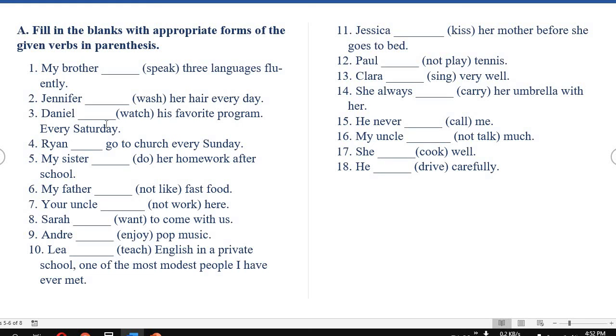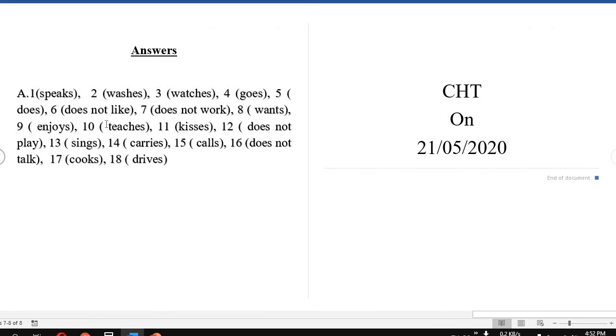Okay, and you are going to have a CST on 21st 5/2020, and before that we will have a revision class. So get ready for the CST and practice all the exercises and note down all your problems, and get yourself clear by discussing the problems with me on the prescribed days.